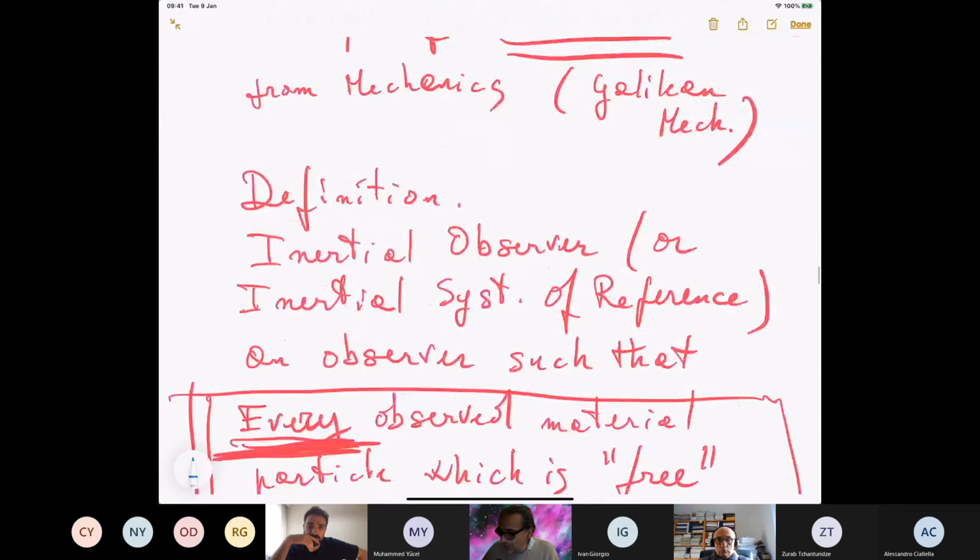And then yesterday I wanted to give an example, a classical example of postulate which everybody has heard.